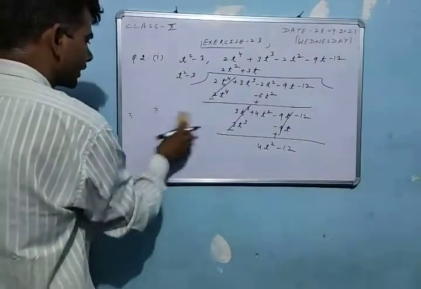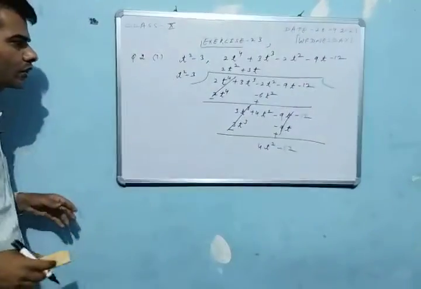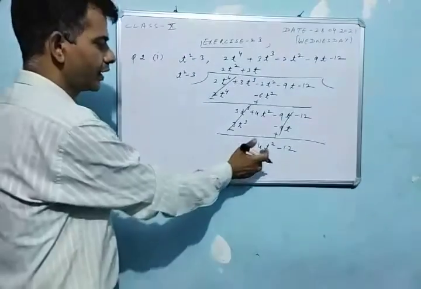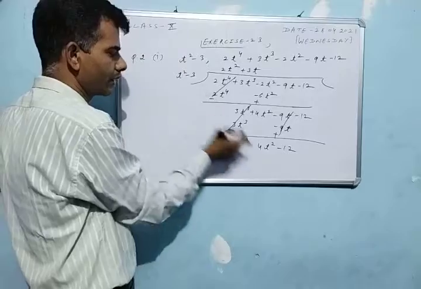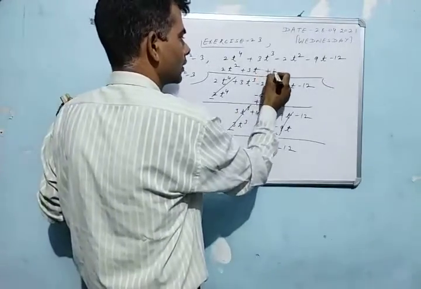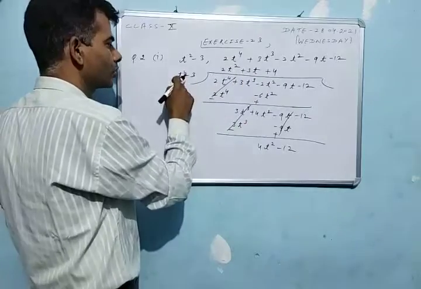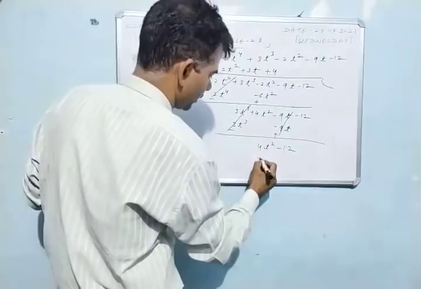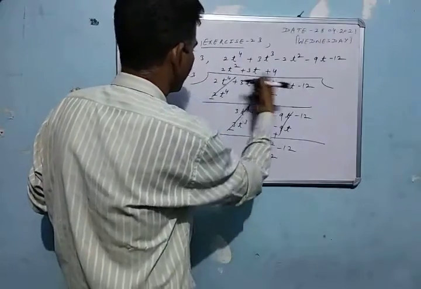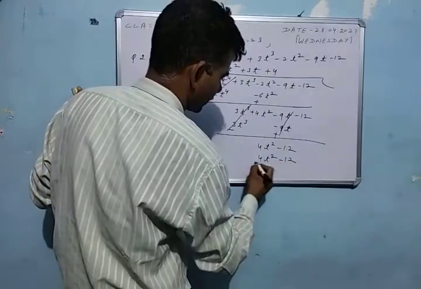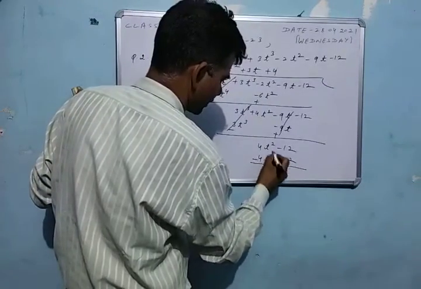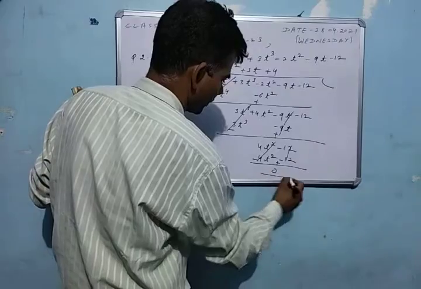Now student, t square, by which number t square is multiplied, result will be 4t square, right? 4 multiplied with 4 plus 4. If student, t square minus 3 multiplied with 4, the result will be 4t square. 4 threes are 12, minus 12, minus plus. Now student, remainder is 0.